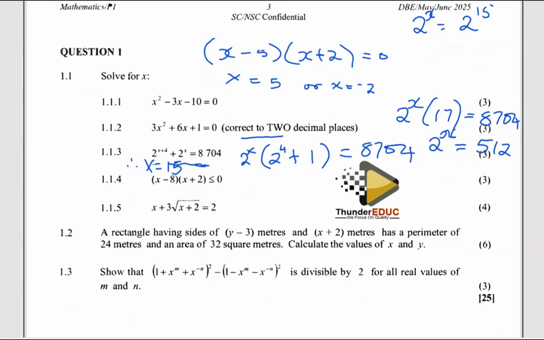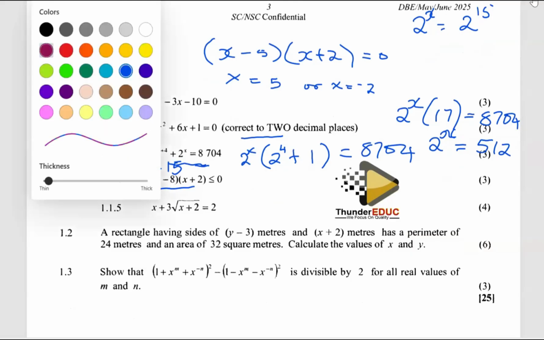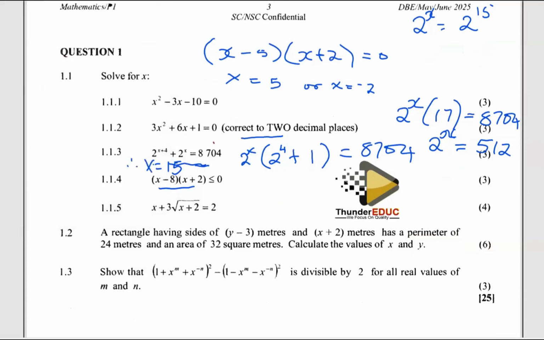Okay. Then 1.1.4, (x minus 8)(x plus 2) is less or equal to 0. So in this case, we know that our critical values are going to be negative 2 as well as a positive 8. Then how do we represent this?